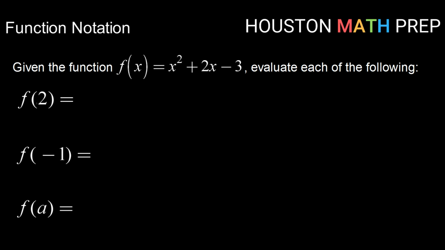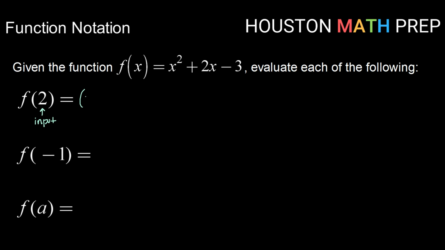So if we want to evaluate f of 2, then we're going to replace the input of x with an input of 2. So into the definition I have, x squared plus 2x minus 3, everywhere there is an x, I'm going to replace it with a 2.